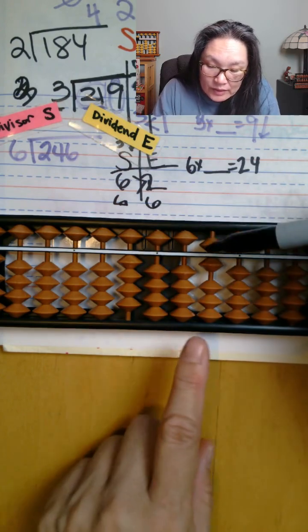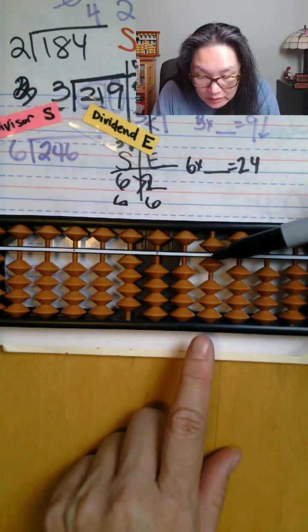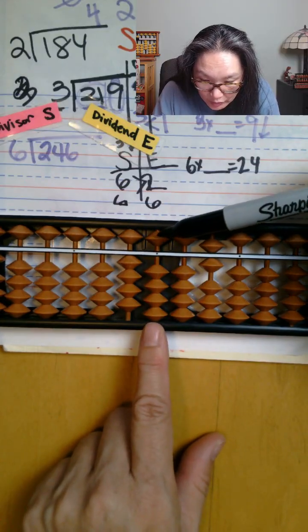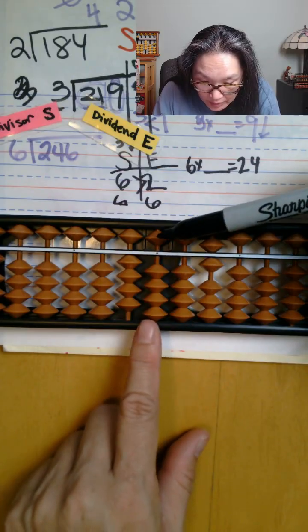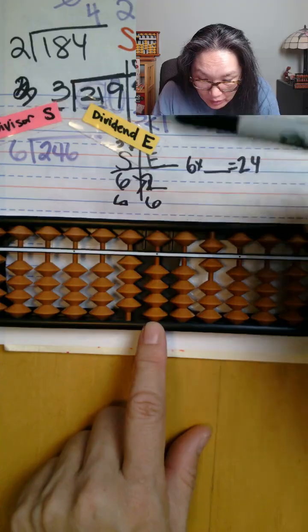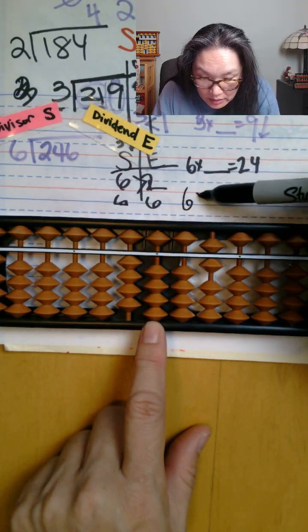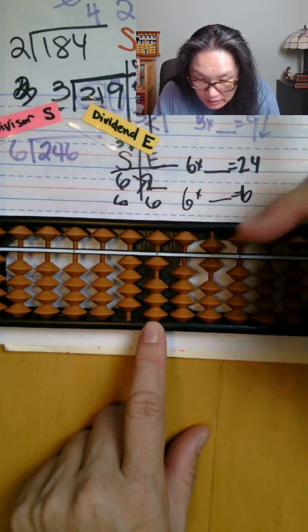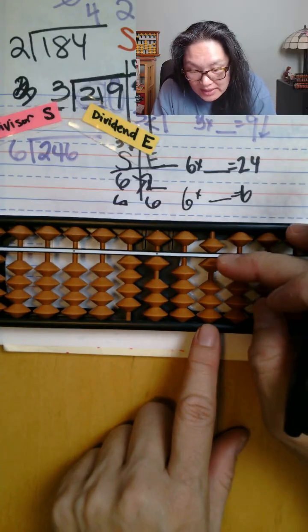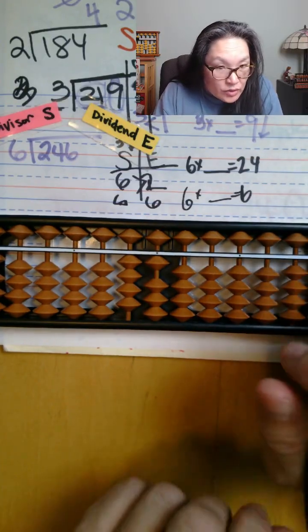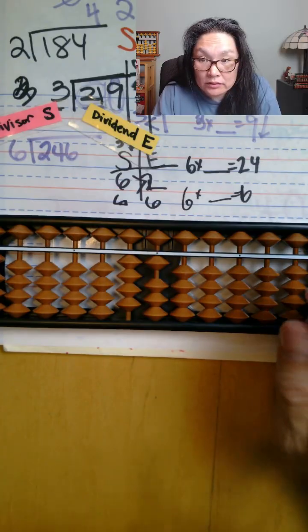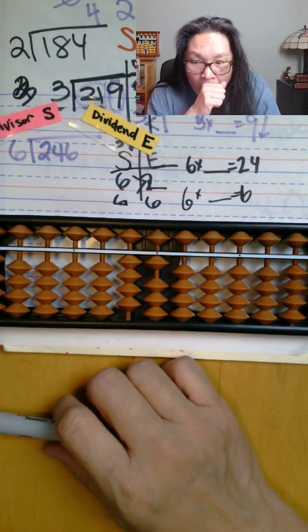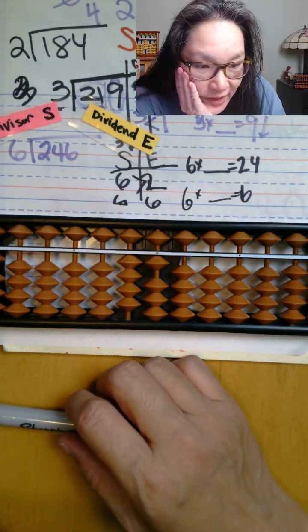So we know it's going to be 1. 1's a single digit, right? So we're going to skip this column and go over here. So we're going to add our 1 because 6 times 1 is equal to 6, and then take away 6. So my answer is 41. Yep.